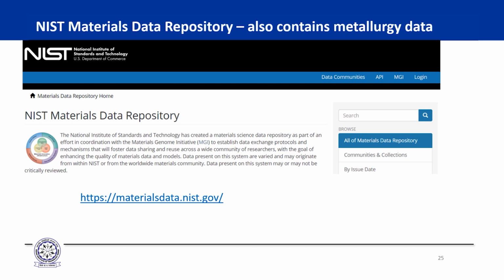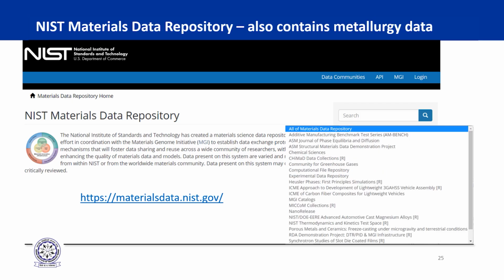Yet another open source data repository I wanted to talk about was the NIST Materials Data Repository. If you go to materialsdata.nist.gov, you will find lots of different types of data repository. All you need to do is pull up the drop down menu, and you will find that you've got data for additive manufacturing, data related to different computational information, data related to freeze casting, and so on and so forth.